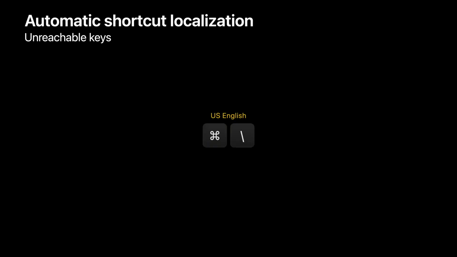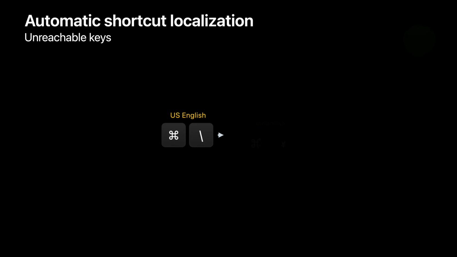Finally, iPadOS 15 and macOS 12 introduce keyboard shortcut localization. When you build your app with these SDKs, the system automatically localizes shortcut modifiers and inputs for each keyboard layout. Take the command \shortcut, for example. While the shortcut works on a US keyboard, it's impossible to perform on a Japanese keyboard, since that layout has no / key.